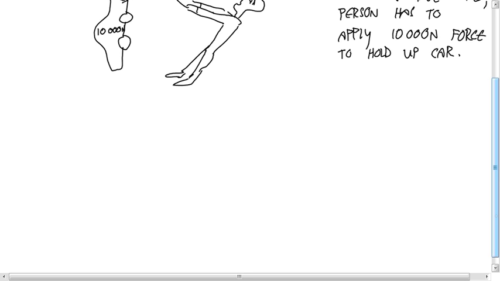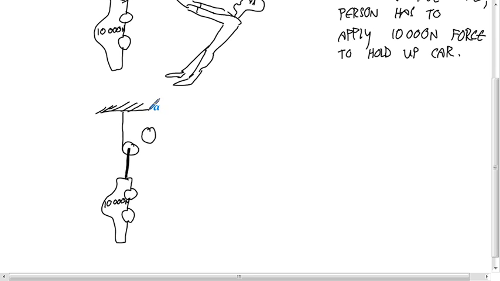So now you're trying to do the same thing. You're still trying to hold up this 10,000 Newton car. But instead of a single pulley, say that the car is connected to a pulley that's just hanging in space, supported by a cable attached to the ceiling here, and another pulley that's attached to the ceiling like that.